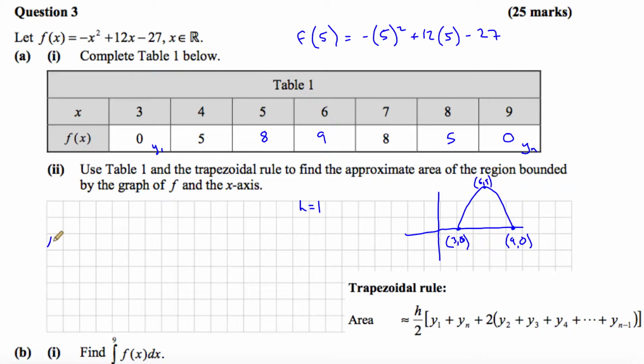So that means our area, using the trapezoidal rule, will be h over 2, which is 1 over 2, bracket y1, which is 0, plus yn, which is also 0, plus twice all the heights in between, so the addition of them: 5 plus 8 plus 9 plus 8 plus 5.